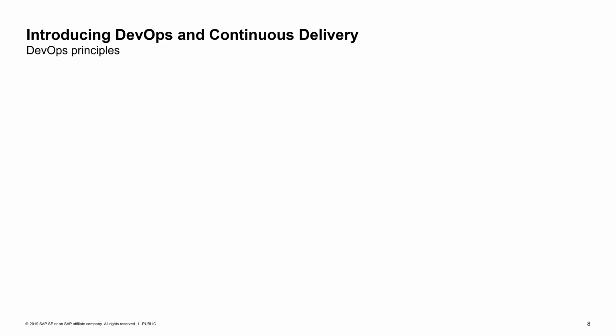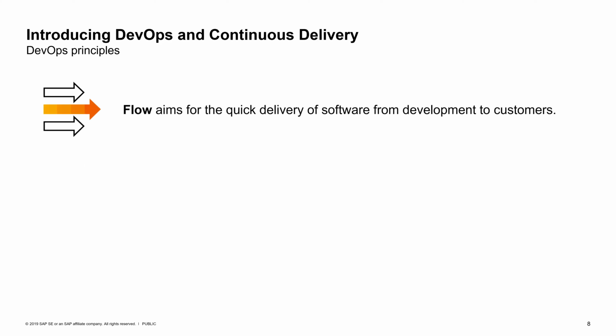So what principles am I talking about? One principle is flow. Flow is about quick delivery of software from development to customers. Software does not really create value unless it's really used. We all create software, and usually, at least in our main job, we don't do it out of pleasure, but because there's a business reason behind it.